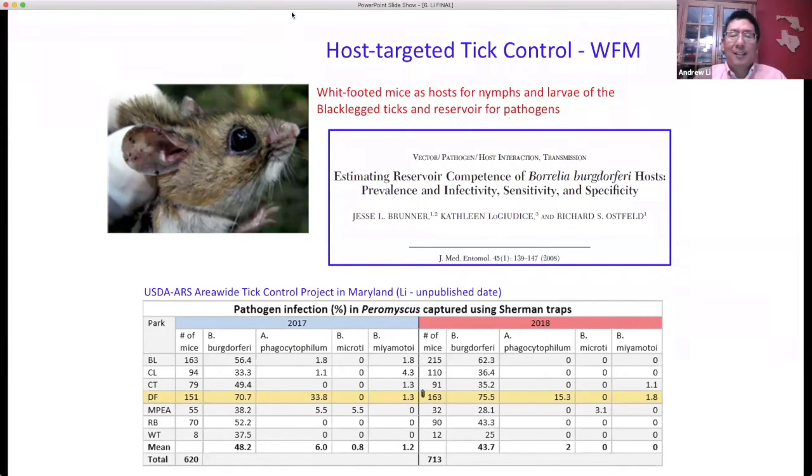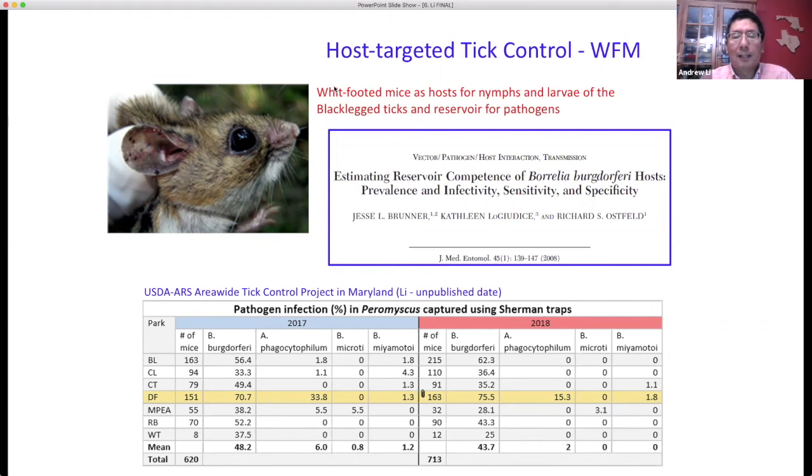Again, I mentioned there is a lot of literature reporting how important white-footed mice are as a reservoir for the pathogen, as ideal hosts for immature black-legged ticks. So I want to show some of the unpublished data from the work I did in Howard County, from the year 2017.